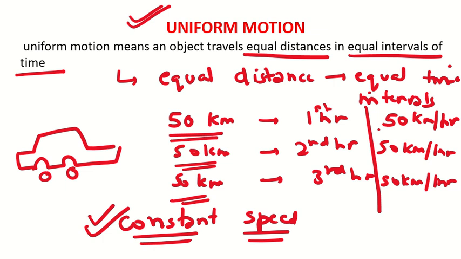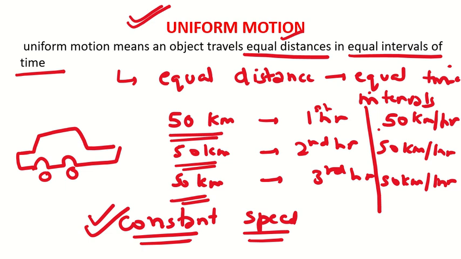So we have learned two definitions of uniform motion. The first definition says that a motion is said to be uniform if the object travels equal distance in equal intervals of time. Or the second definition, an object is said to be in uniform motion if it has a constant speed. Now I hope you have understood uniform motion.